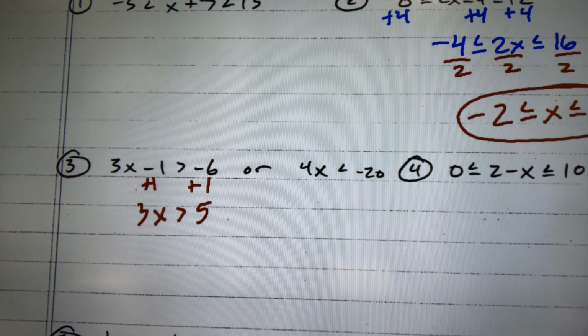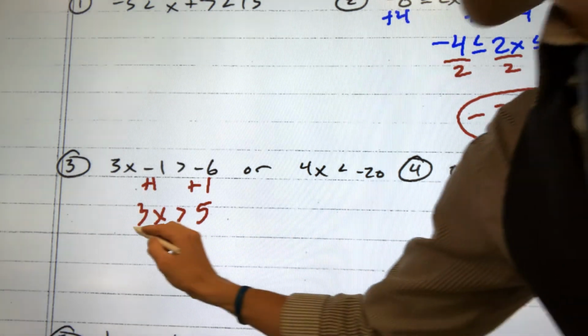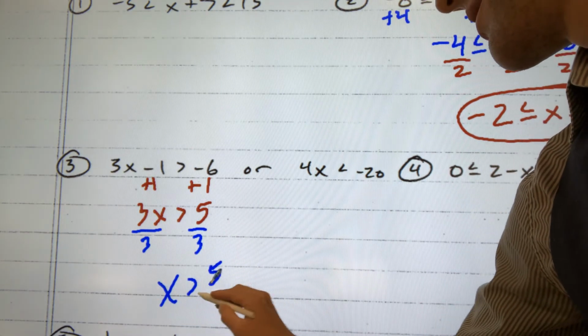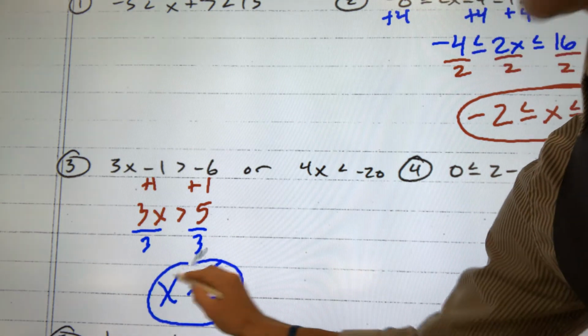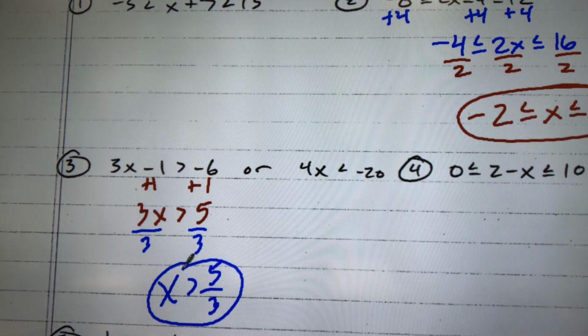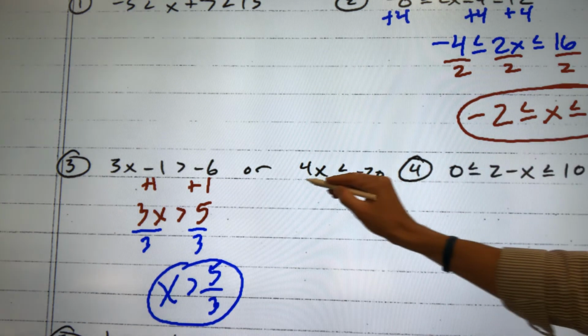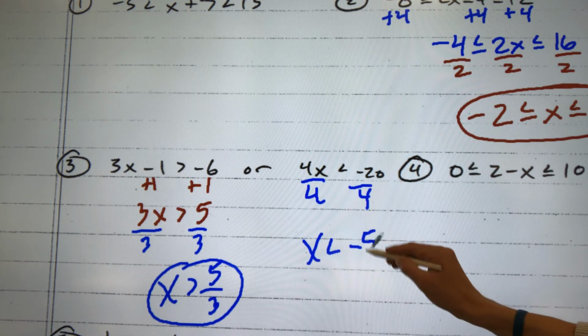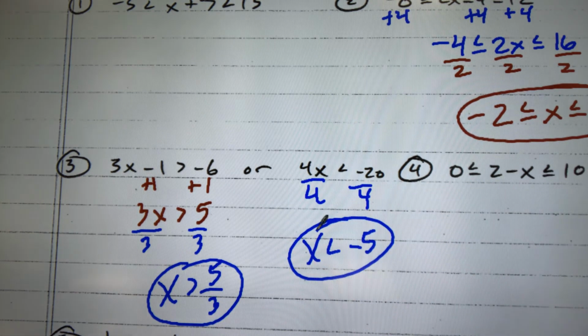Then divide by 3. x is greater than 5/3. Here, just simply divide by 4. X is less than -5. Again, it's an or statement. Can't find a number greater than 5/3 but less than -5 as well. All right, so your two answers there.